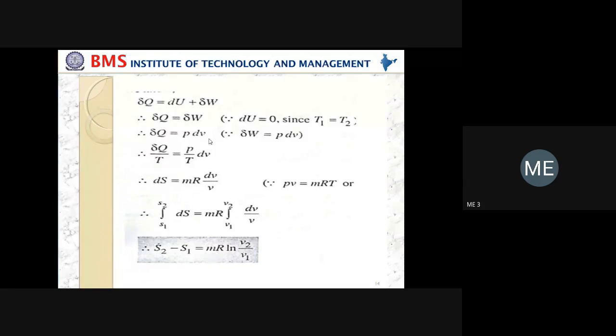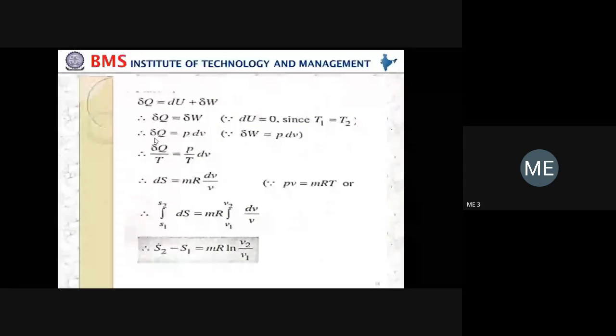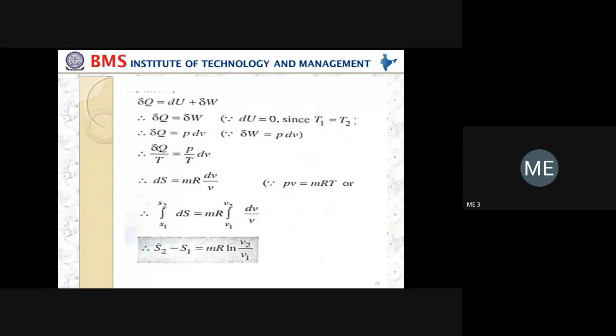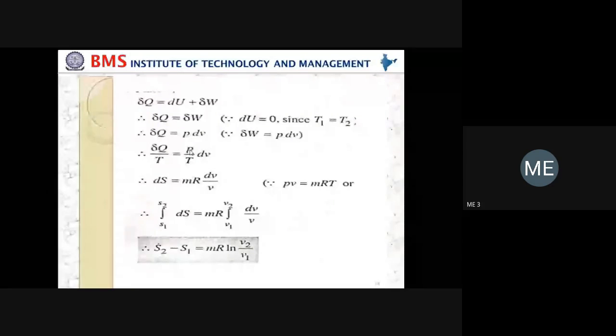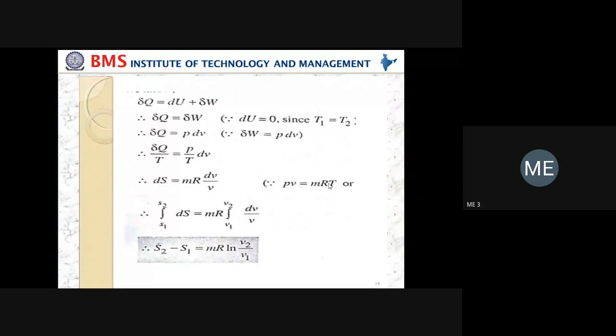Once again, the same process: divide throughout by T. dQ by T equals P by T into dV. Now dQ by T is nothing but dS. And for P by T, as I said, PV equals mRT, you apply the standard ideal gas equation. So P by T equals mR divided by V. We replace the term P by T with mR by V in the next step.